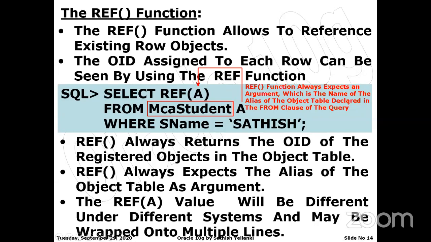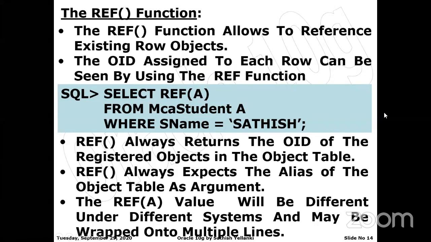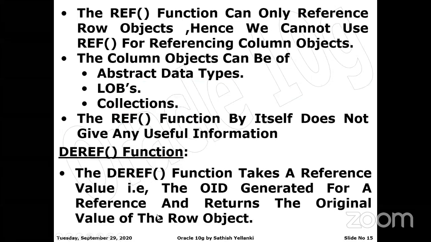Whenever you start working with the ref function and you're executing it to see the object ID, you should always remember one thing: your ref function can only reference row objects. You cannot use your ref function on column objects. What are column objects? Just go back by 24 hours. Yesterday we created one object relational table. Do you remember?